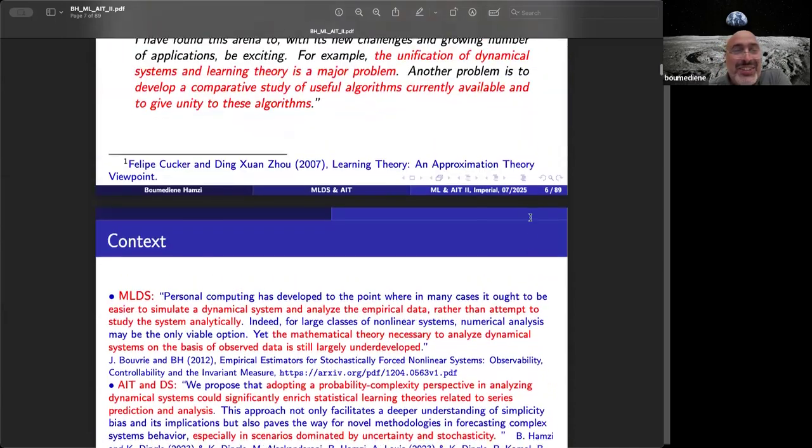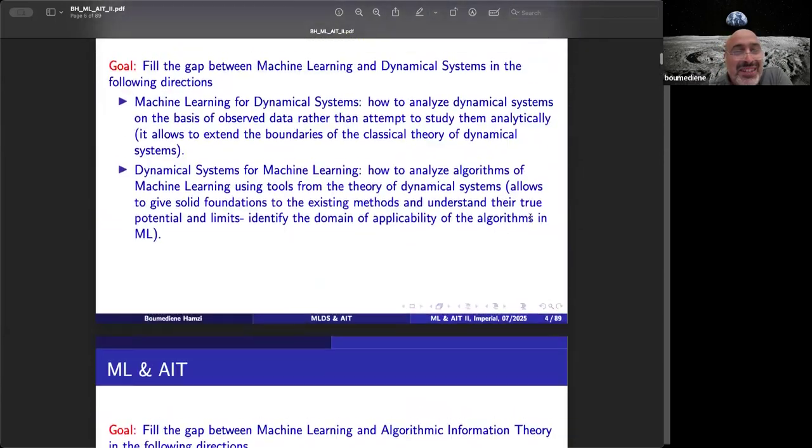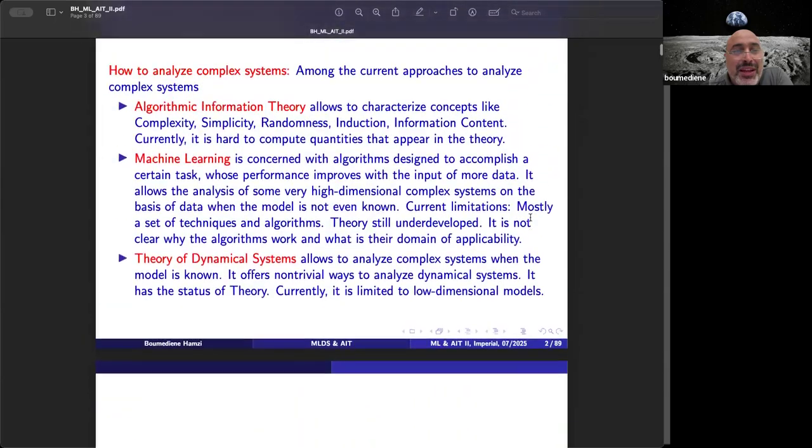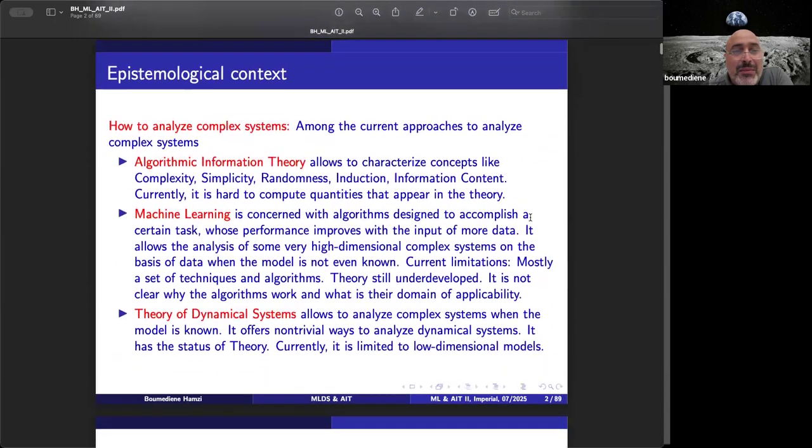Maybe I should step back a little bit. The important question is how to analyze complex systems, and I think everyone here is interested in this question. As I mentioned, algorithmic information theory is definitely one of the important approaches to analyze complexity. It allows us to characterize concepts like complexity, simplicity, randomness, and other things.